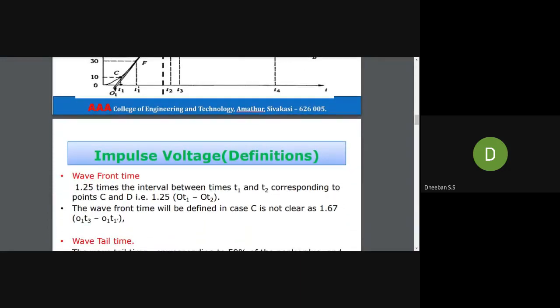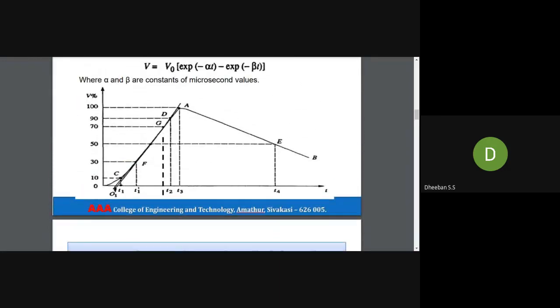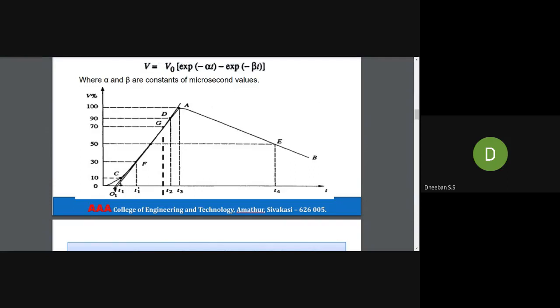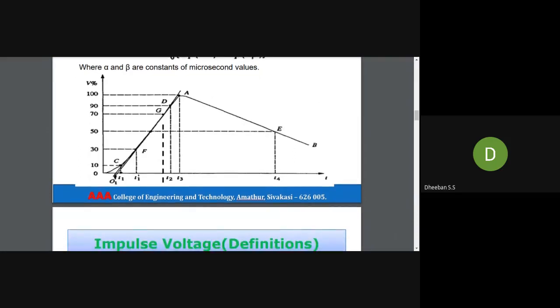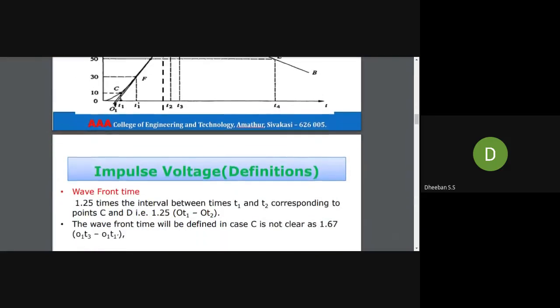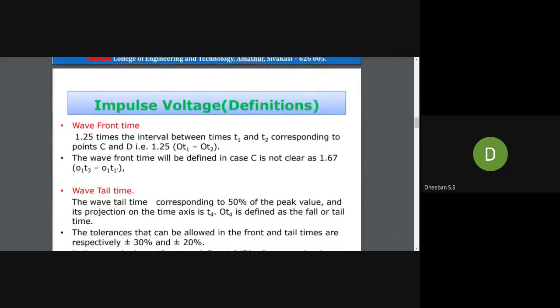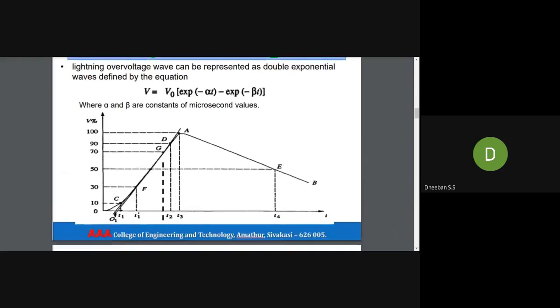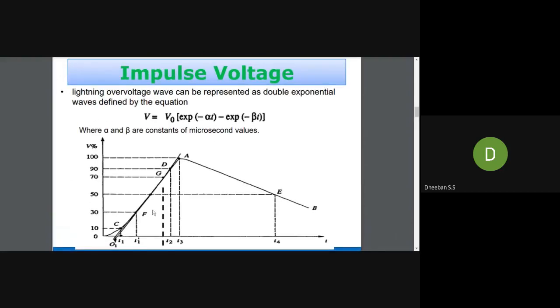In this waveform, you have to understand two main parameters: one is your wavefront time, and the other is your wave tail time. Based upon these two parameters, you can characterize your impulse voltage.